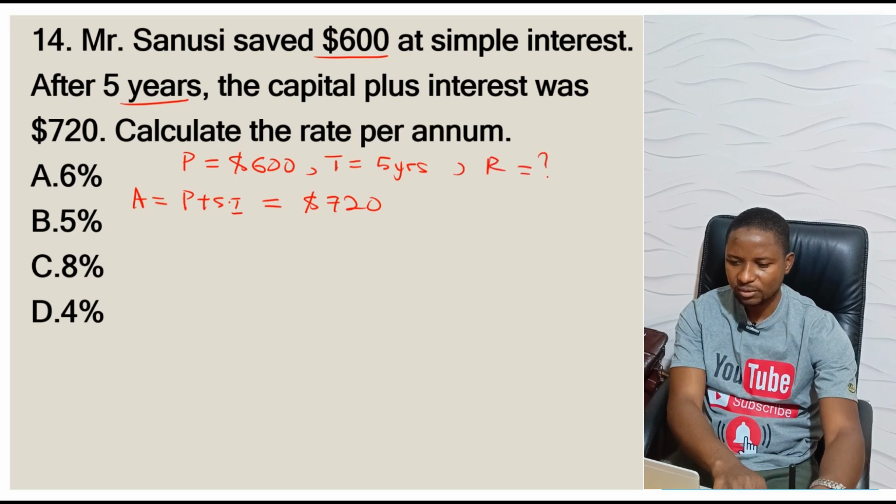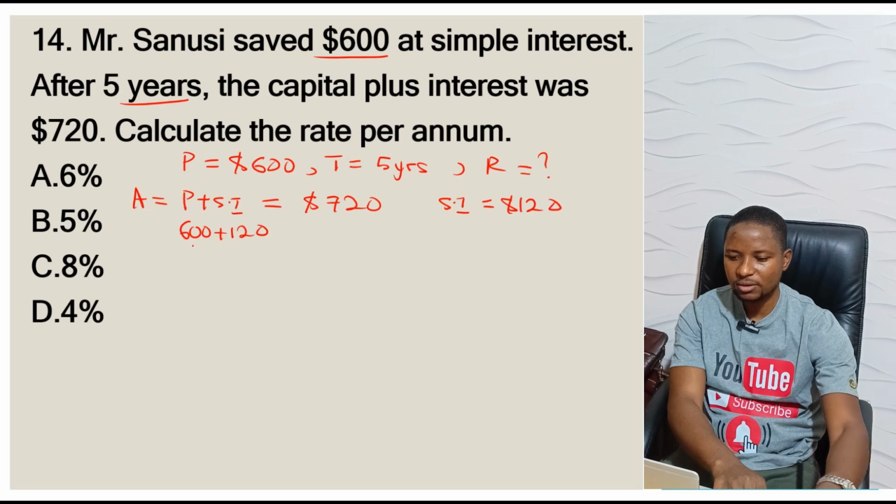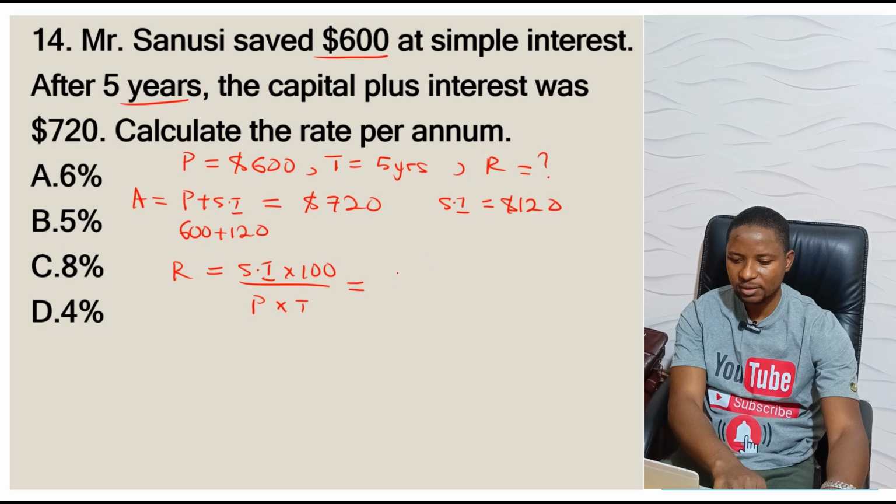Calculate the rate. So we're looking for the rate. And if the principal they gave us is 600, what will you add to 600 to give you 720? That's 120. So meaning you have your simple interest as $120. Now I can write the formula for rate, which is simple interest times 100 over principal times time.